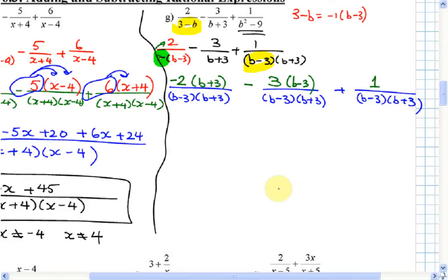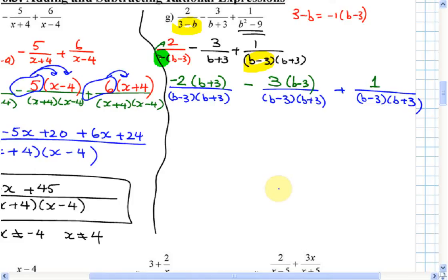Why are you using b plus 3 for the first? You see how the fraction in red has the denominator of b minus 3? So the one I'm missing then must be the b plus 3. Is that okay? Yeah. Are we okay?